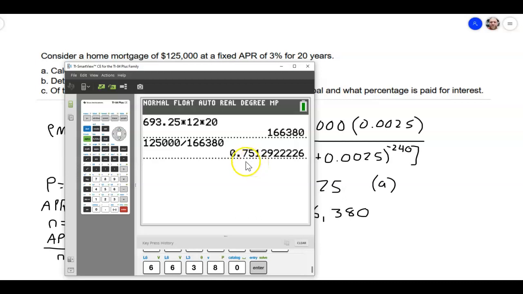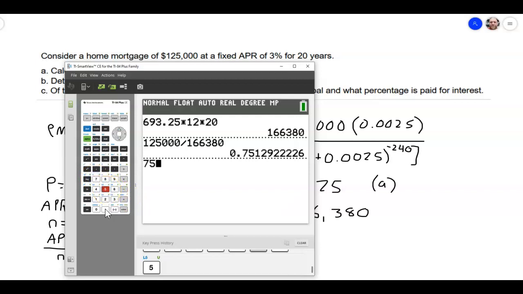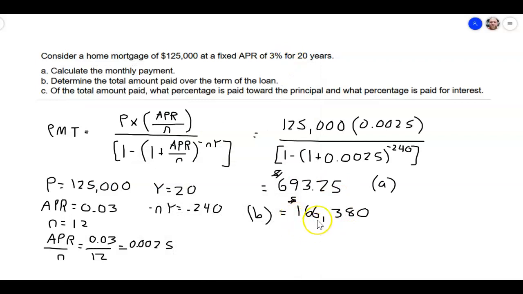And then if you just subtract that from 100, the remaining 24.9% will be paid towards the interest. You can also find that out by calculating the amount that's paid towards the interest and doing it that way as well.